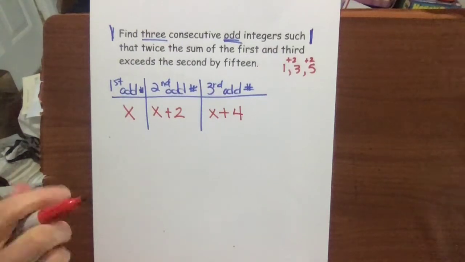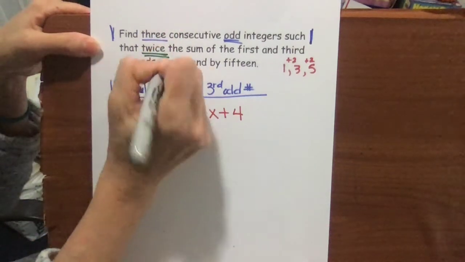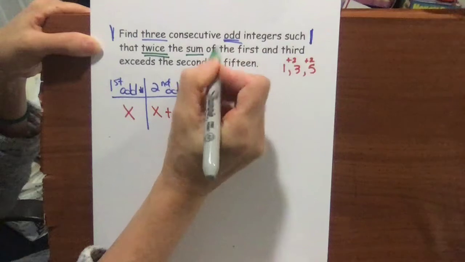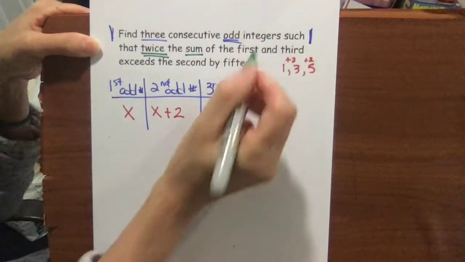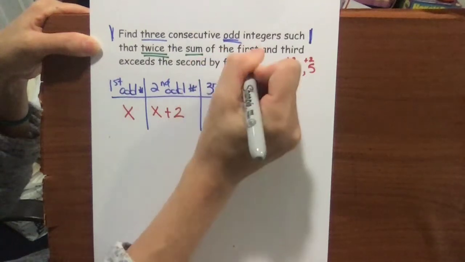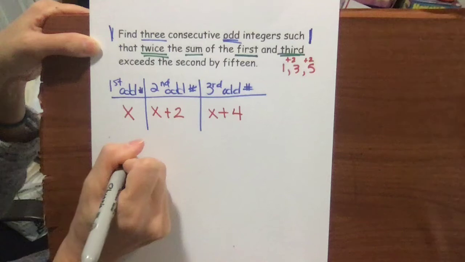All right. Now we get to the words, and they're trickier than last time. Twice the sum. What are we adding? Anything that follows the word sum, we're going to go for 2 things that followed it. Twice the sum of the first and the third. So twice means 2 times.